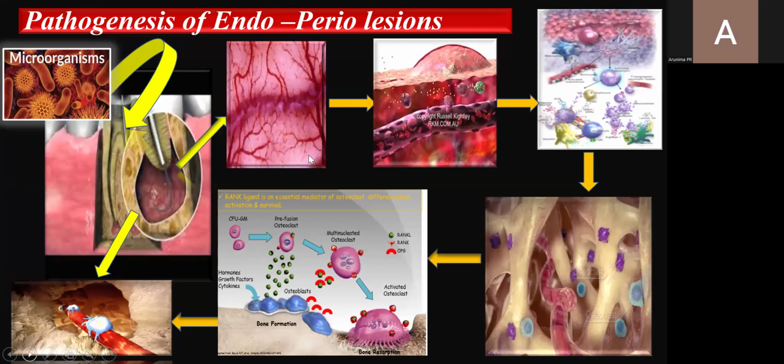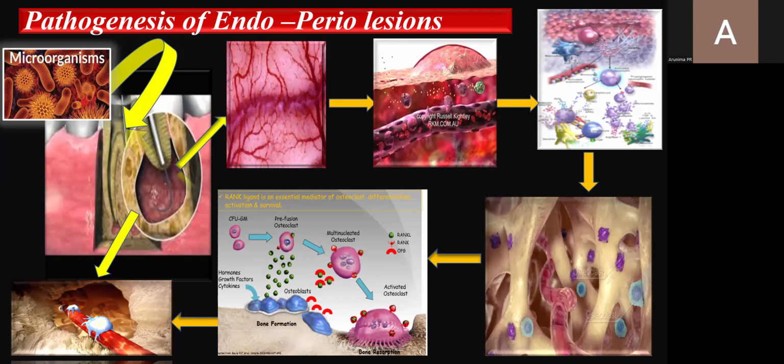And when you look into the pathogenesis of endoperio lesions, not much is given in the literature, but it is very clear that it can cause retrograde periodontitis or retrograde pulpitis. The root causes, as I mentioned before, are the microbial etiology, or a fracture, or excess heat, or any cause that can damage the pulp.